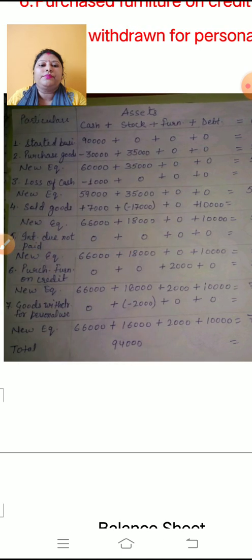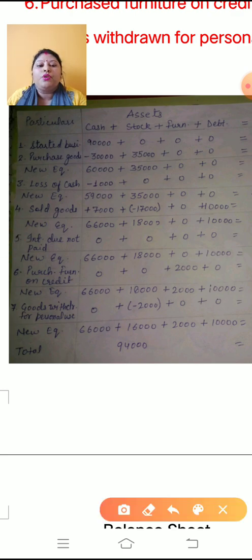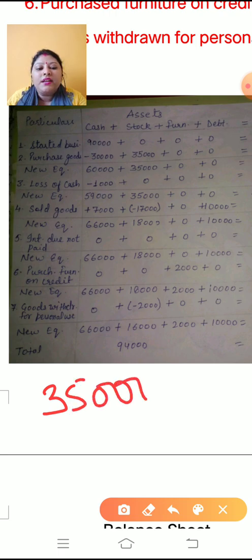Next is purchase goods. Purchase goods for rupees 30,000 for cash and 5,000 on credit. Now children, here you have purchased goods for 30,000 and 5,000, so total stock is increasing by 35,000.